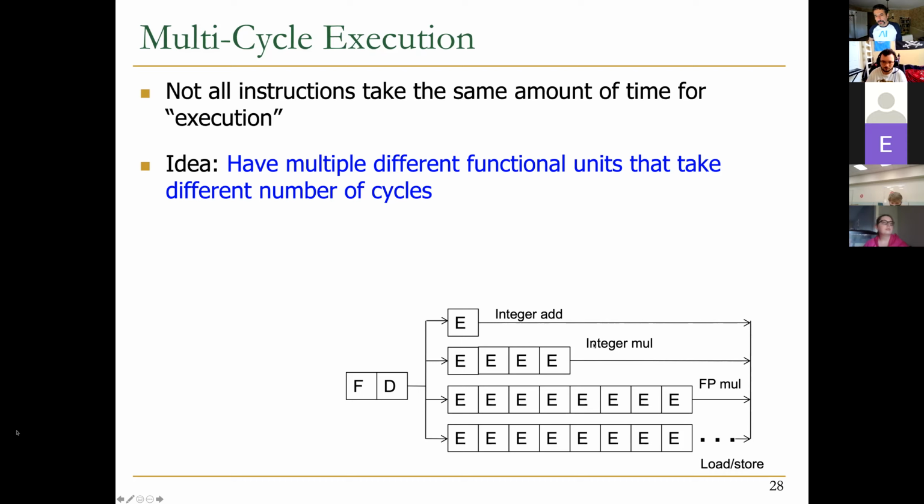You have an integer multiplication, which may take 4 cycles. You have floating point multiplication that takes 8 cycles. So depending on the specific type of instruction, you may have a different number of cycles that you want to assign to each instruction.